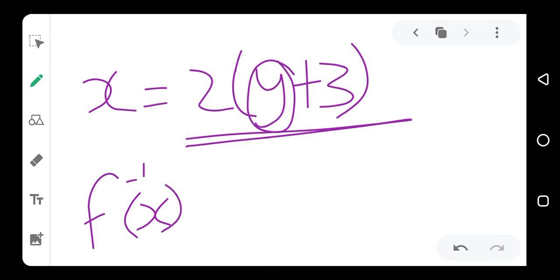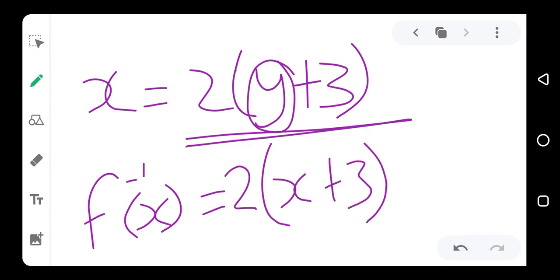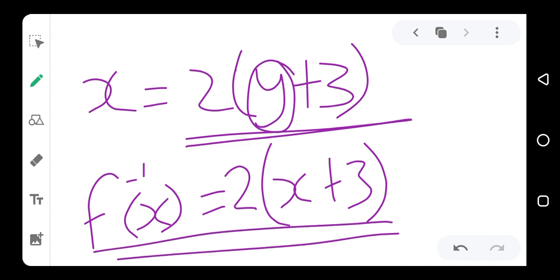If we are replacing the position of y with x, that means that we are going to have 2 brackets x plus 3. So this becomes the answer. So this is the f inverse of that expression.